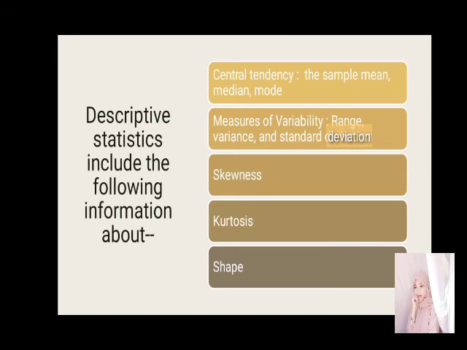Skewness will let us know how symmetrical the distribution of the variables is for each one of those categories. And kurtosis will let us know if the data is peaked or flat.